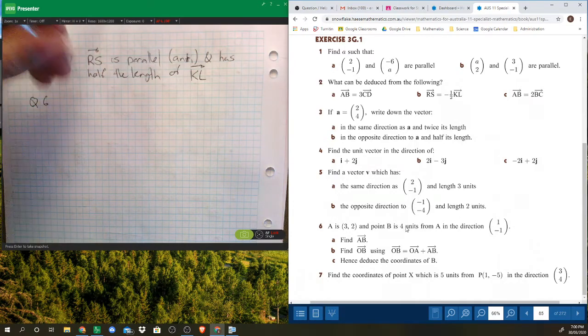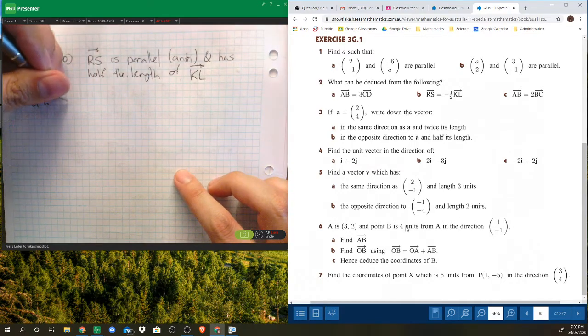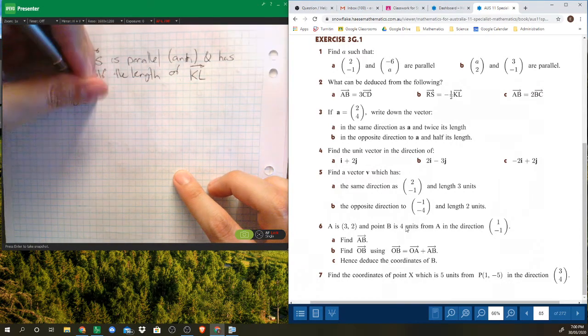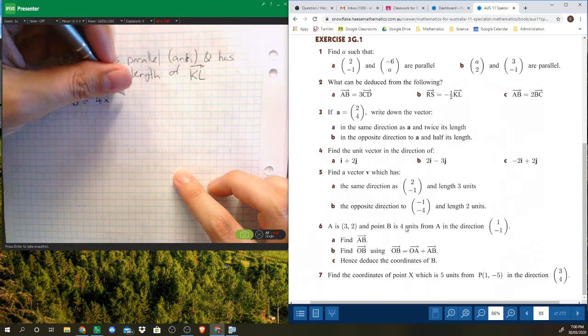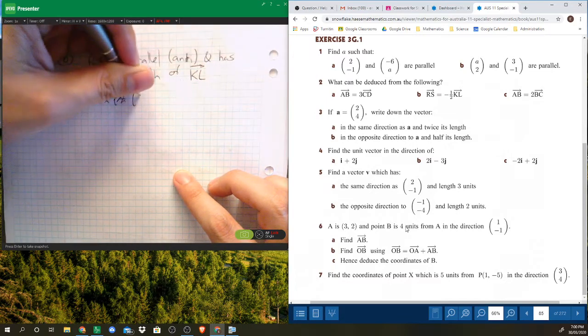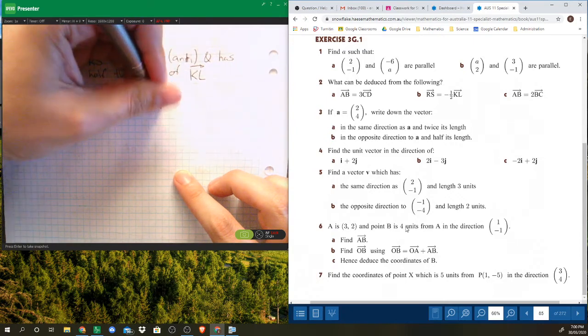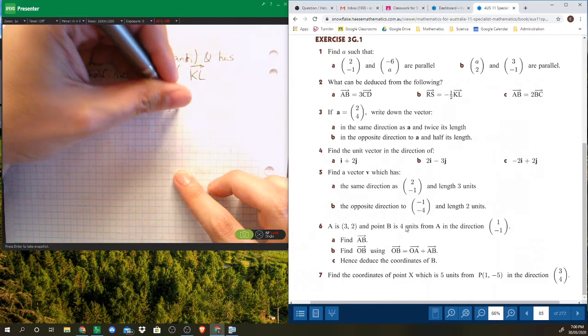So basically, the vector AB is 4 times (1, -1) times 1 over the length of that, which would be the square root of 1 squared plus (-1) squared.